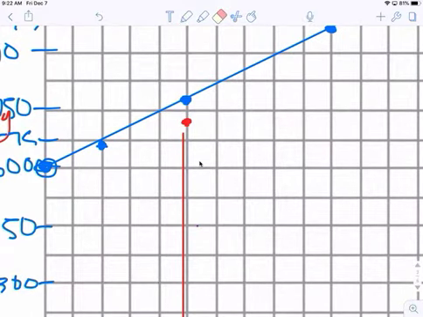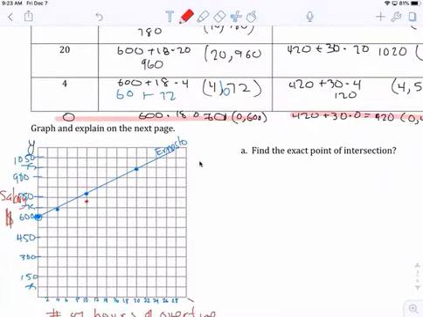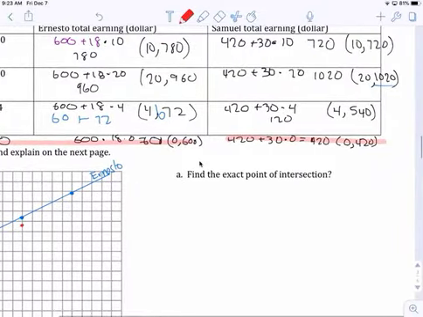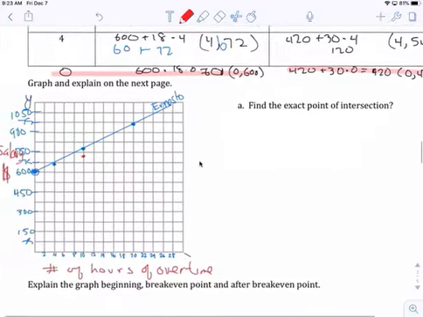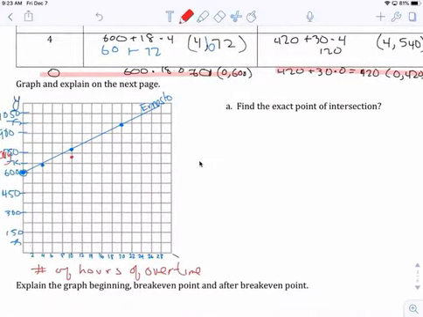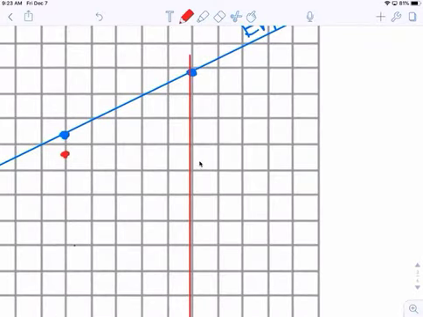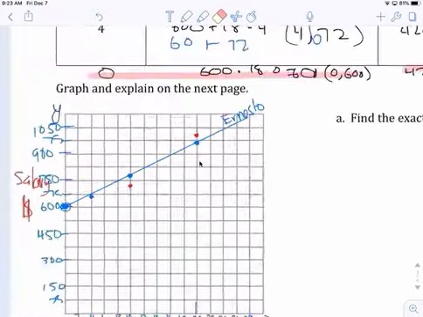Okay, notice I need all the, okay, and then 20 and 210. Okay, 210 is somewhere right there, a little bit lower. We estimate.